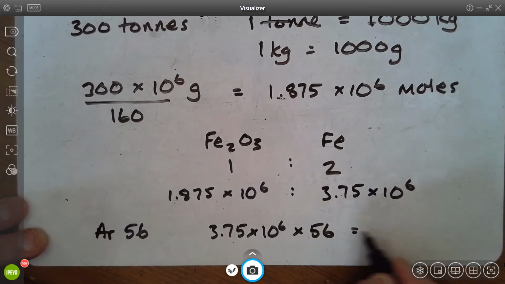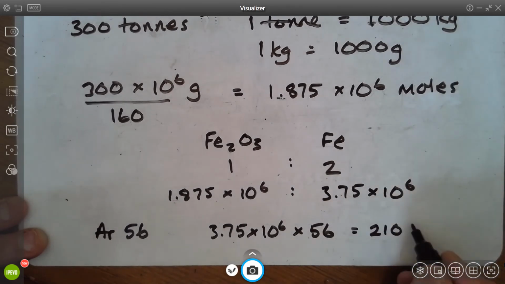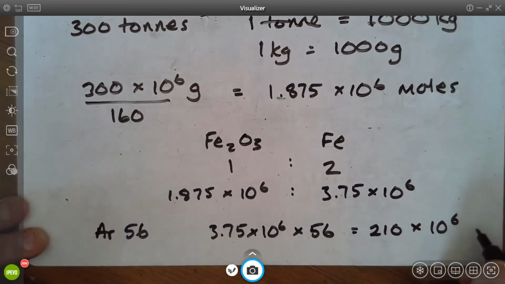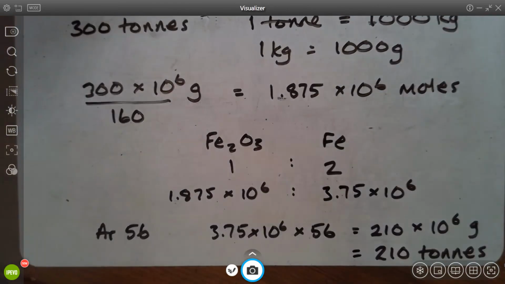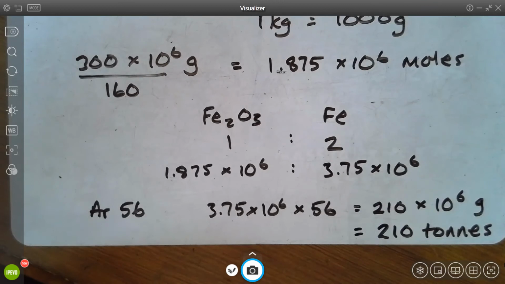That will give us 21 times 10 to the power 6 grams, and a final answer of 21 tons. Okay, wonderful. If you got that answer, give yourself a pat on the back. You're working at a really high level and are fully ready for our next lesson.